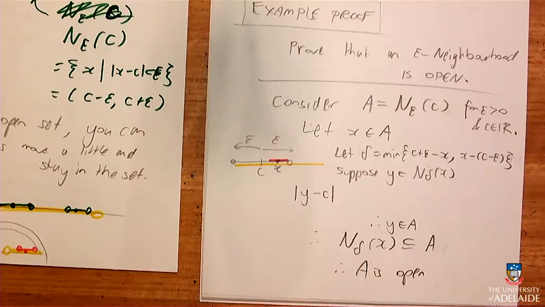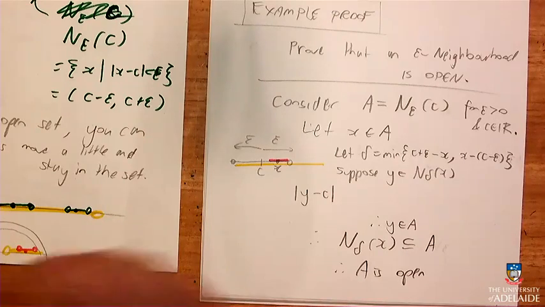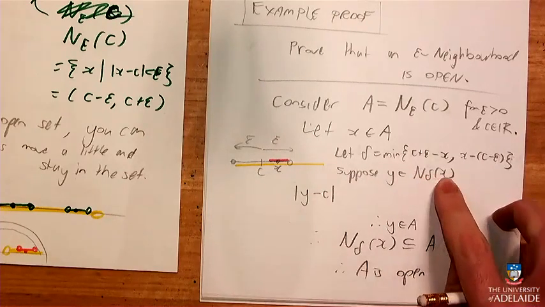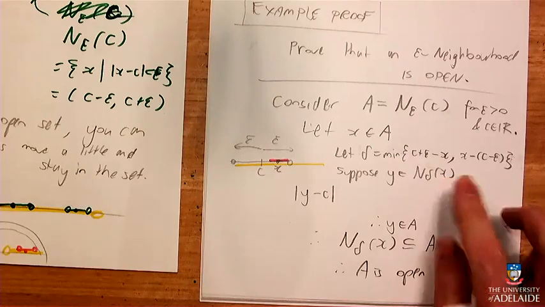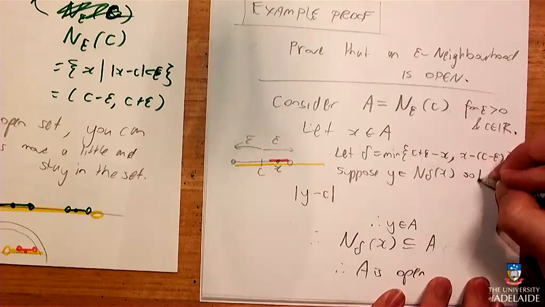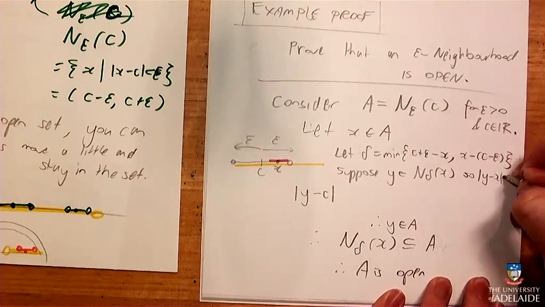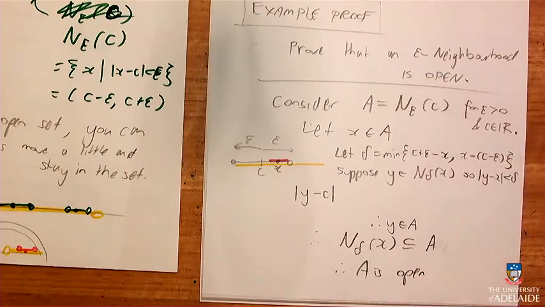But to be in this one, the distance between y and x has to be less than delta. Right? Cool.